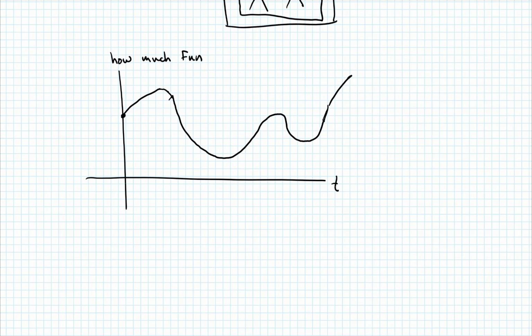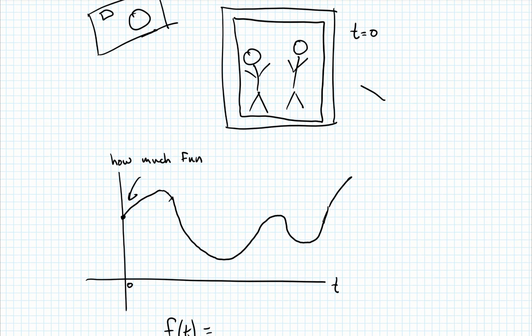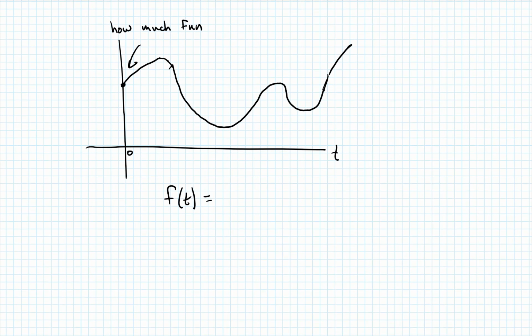So at time t equals 0 right here, we take that picture, and you and your friend are having lots of fun. Where how much fun you're having is a function of time, we took that picture and we paused it at t equals 0, and the function had a single value at this time, because that was at a single instant.